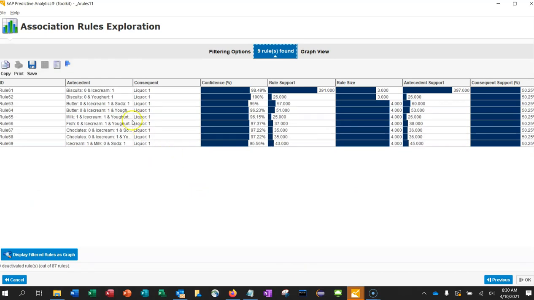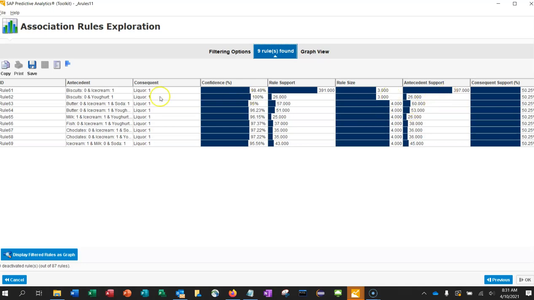So this is what it says: if a person doesn't buy a biscuit but buys ice cream, then 98% of the time they are buying liquor. This is only 1,000 rules. And the rule support 391 means that out of 1,000 there are 391 rows that have ice cream and liquor in it. Rule size 3 means 2 antecedents and 1 consequent, that's 3 in number.